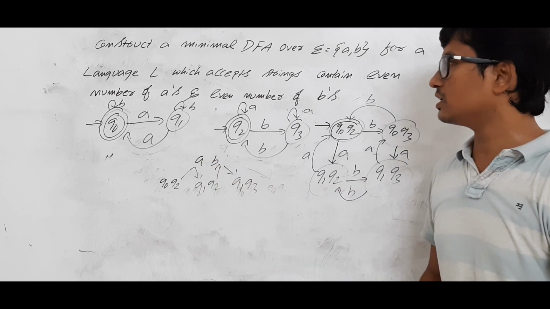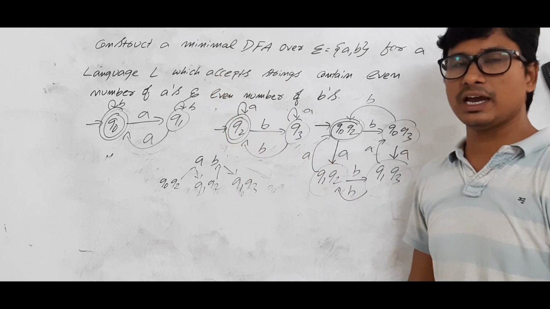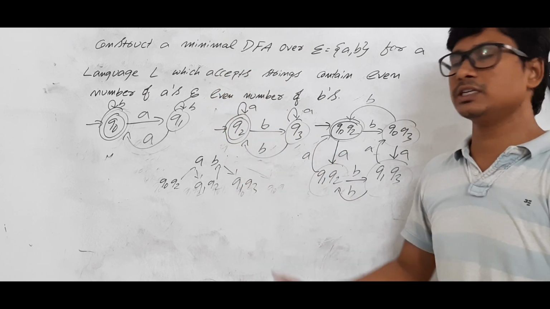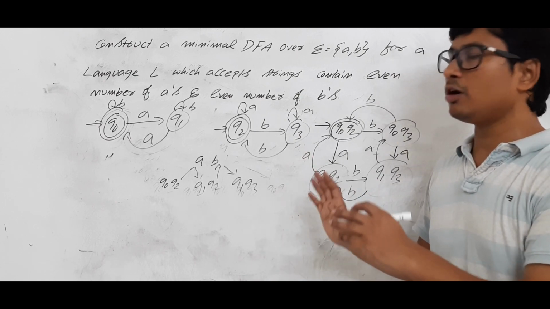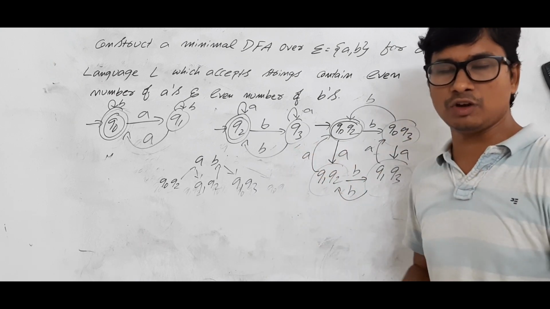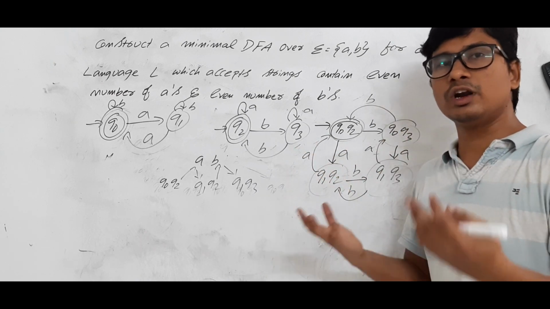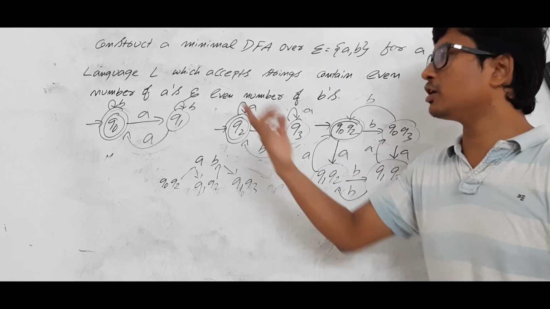So what I can say is that it is accepting the strings which belong to language L, and it is not accepting the strings which do not belong to language L. If you want to check, you can stop the video and check whether it accepts all the strings which belong to language L and rejects the strings which do not.